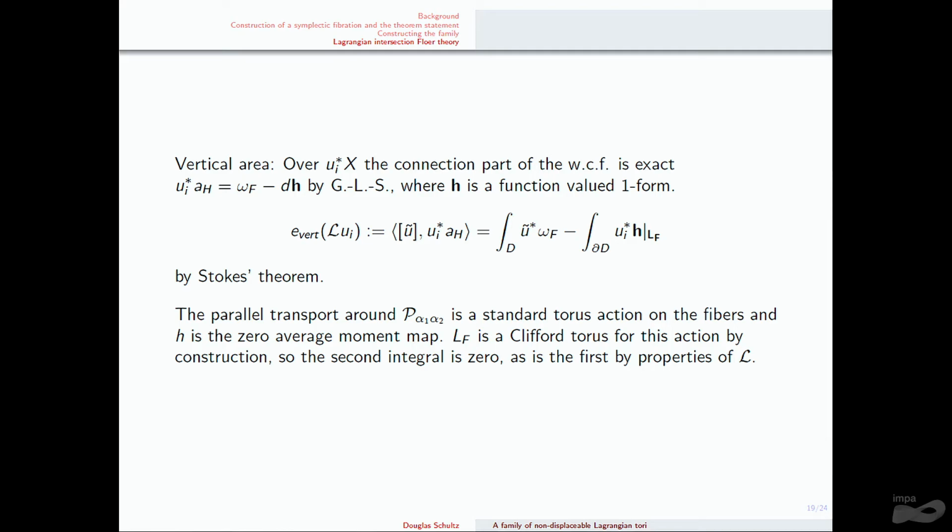Yes? Why is it a Lagrangian product? Because, yeah, that's a good question. In general, if I try to lift a disk from the base to the fiber, you might either gain or lose a Maslov index, of 2 or 3 or 5 or 6. And also when you project, you might gain.